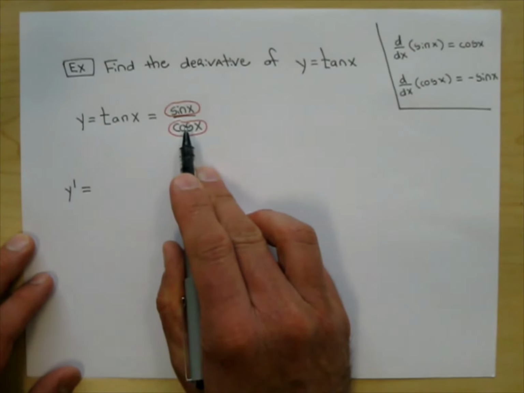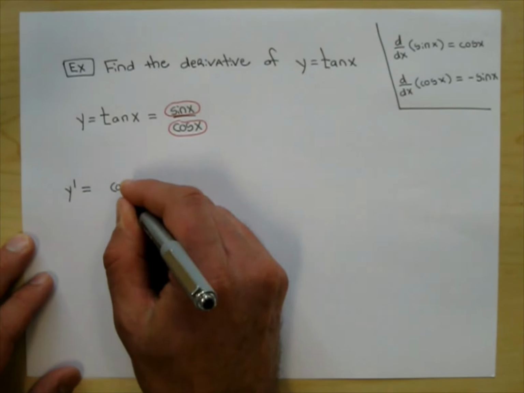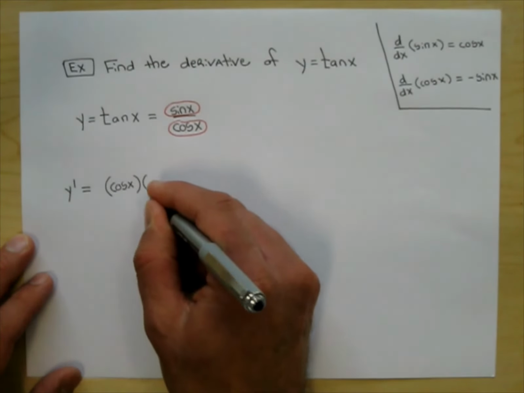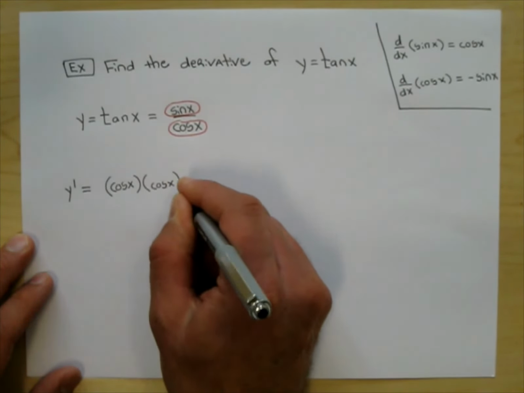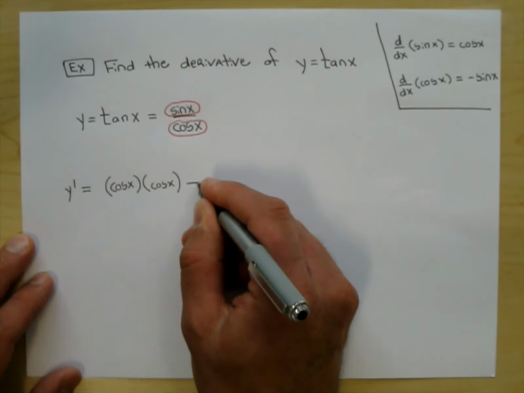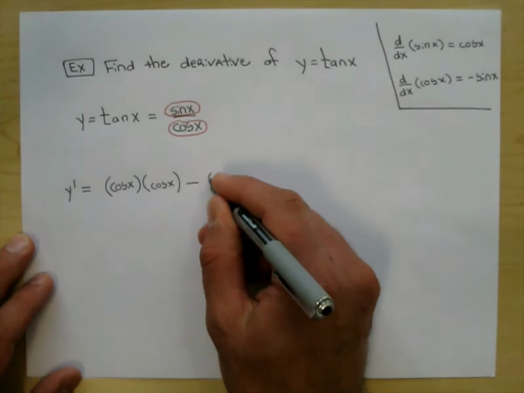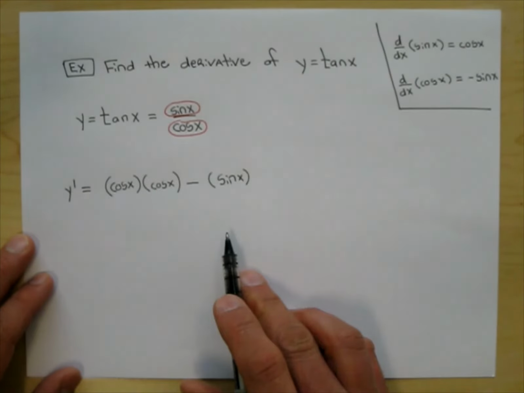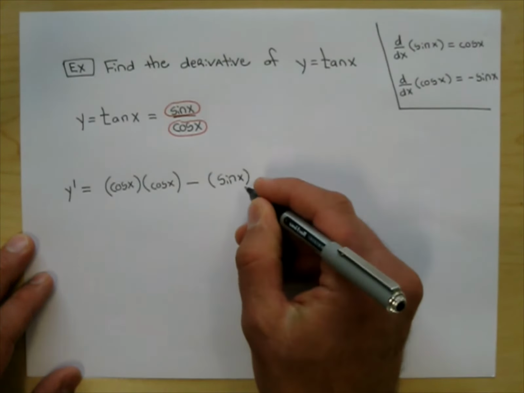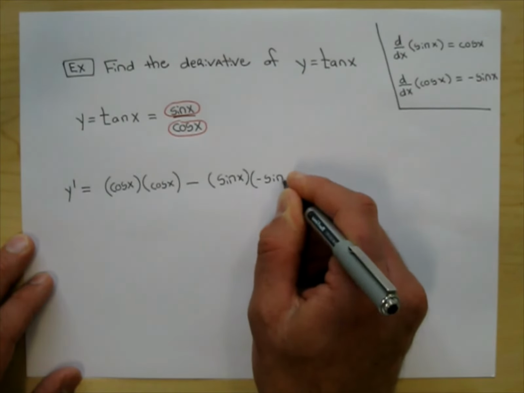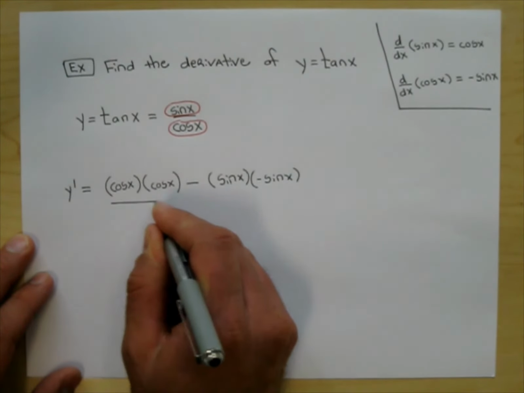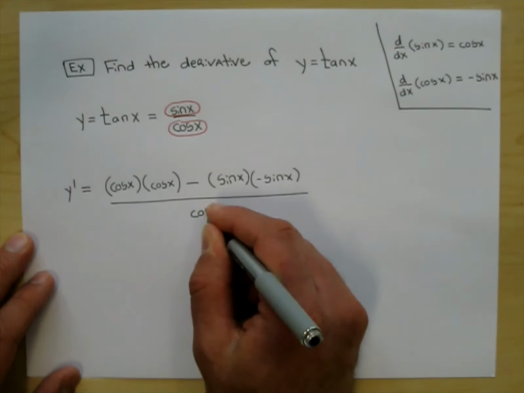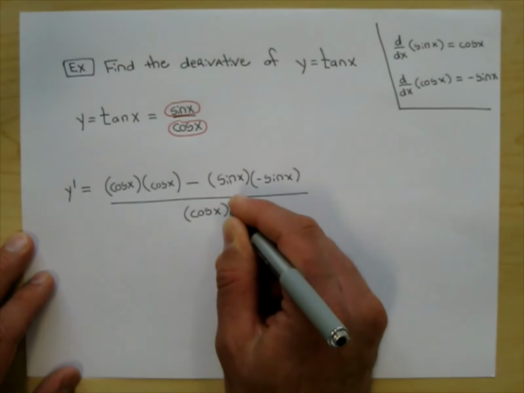The derivative of the top is cosine times the bottom, minus the top times the derivative of the bottom. The derivative of cosine is negative sine. This is all over the bottom squared. So cosine x squared.